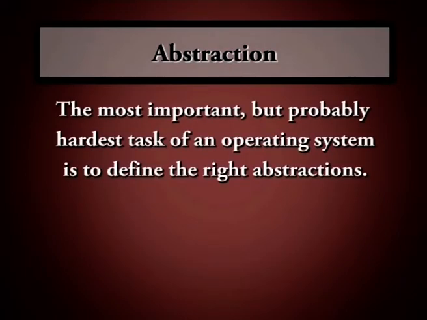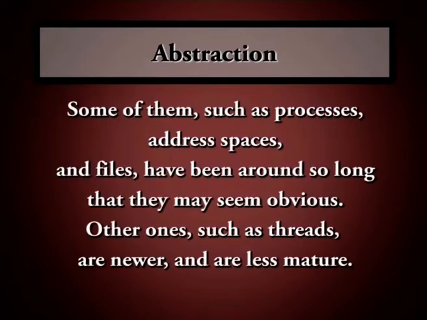Fifth one is abstraction. The most important but probably hardest task of an operating system is to define the right abstractions. Some of them such as processes, address spaces and files have been around so long that they may seem obvious. Other ones such as threads are newer and are less mature.